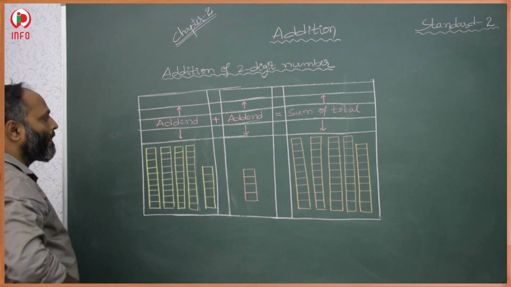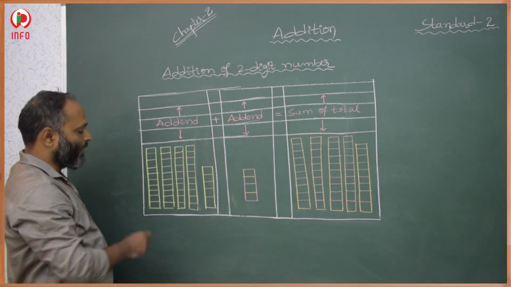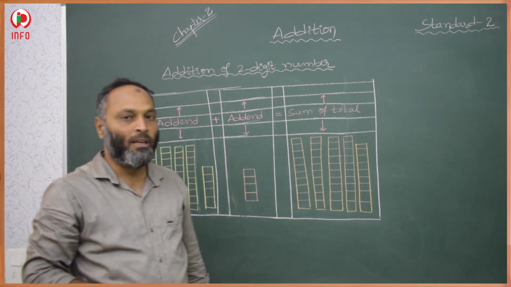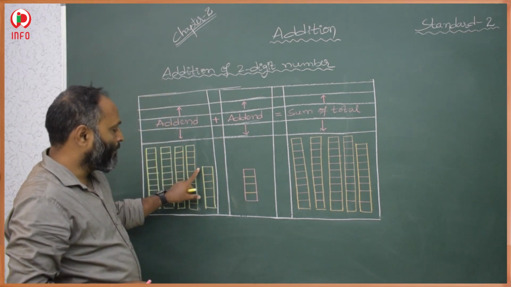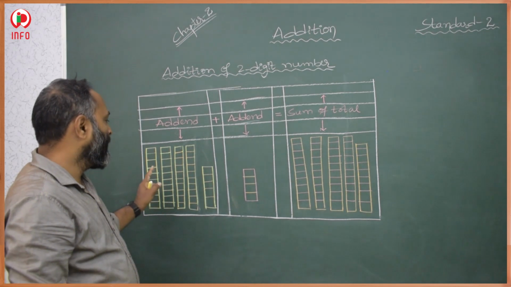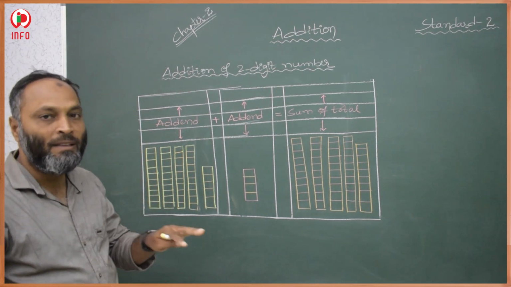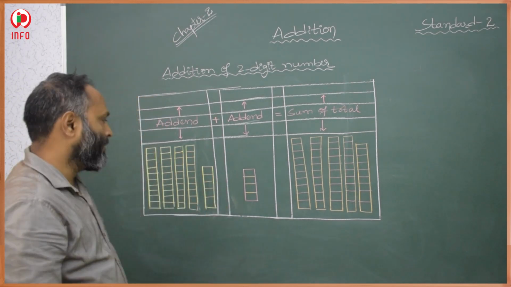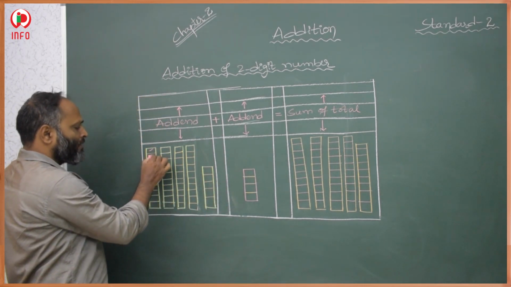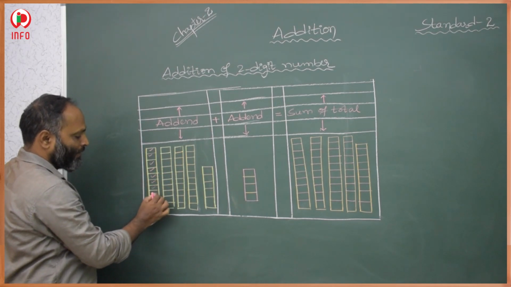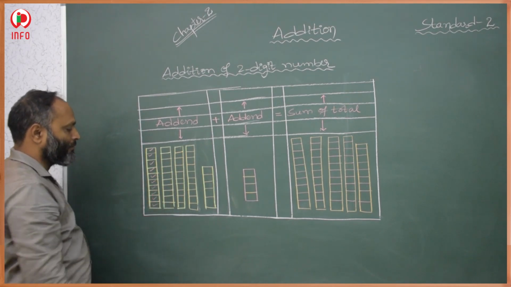Here, see the blocks. How many blocks are there? 1, 2, 3, 4. Four complete blocks are there, and one incomplete block is there. In one complete block, how many shells were there? 10 shells were there: 1, 2, 3, 4, 5, 6, 7, 8, 9, 10.